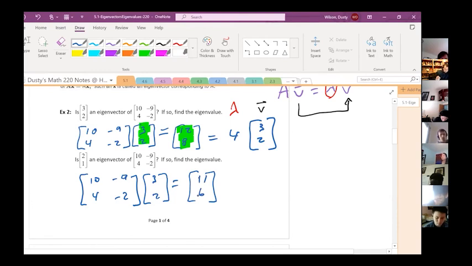And so notice the relationship between 2 and 6. So 2 times 3 is 6, but 3 times 3 is not 11. So in this case, it's not an eigenvector.